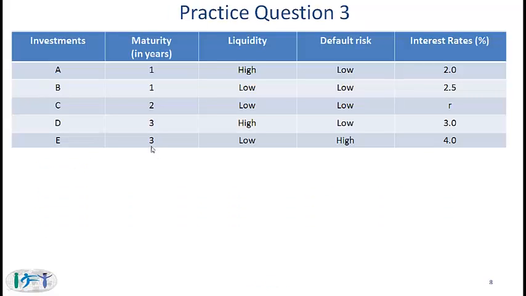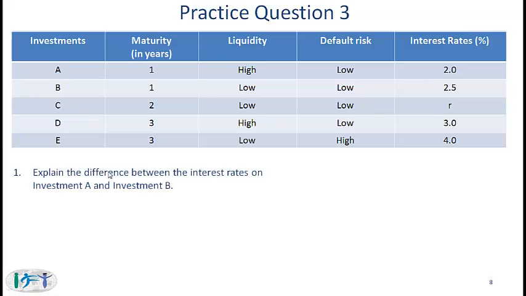Another practice question. Say you have 5 different investments and we have the maturities for each investment, the liquidity, default risk, and an interest rate for each investment. Why is there a difference between the interest rate on investment A and investment B? They have the same maturity, they have the same default risk, but interest rates are different.